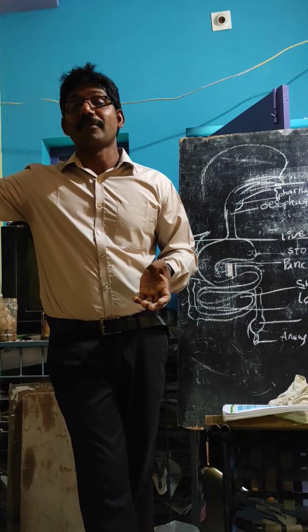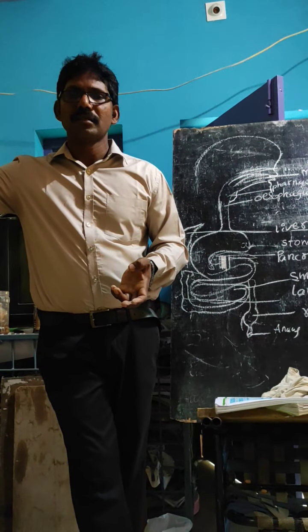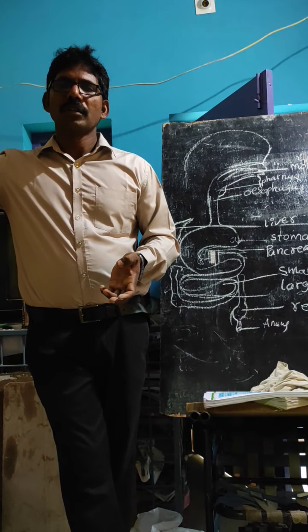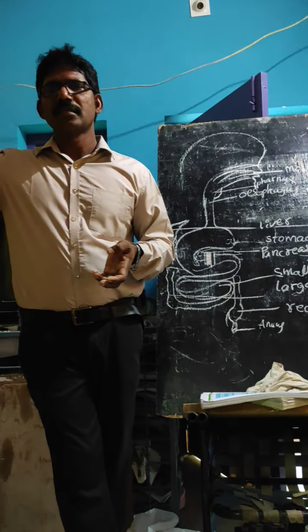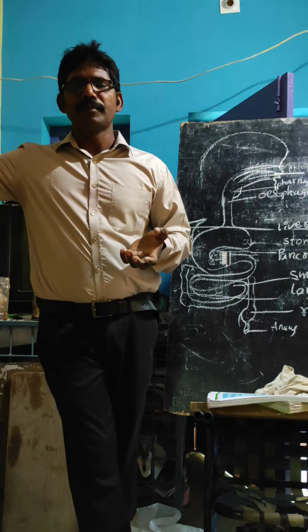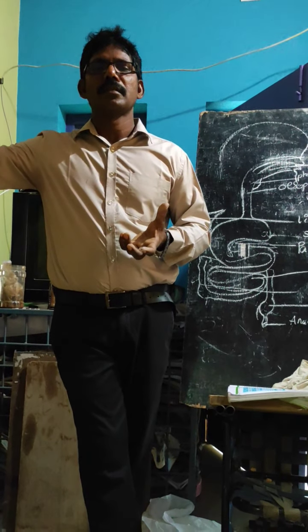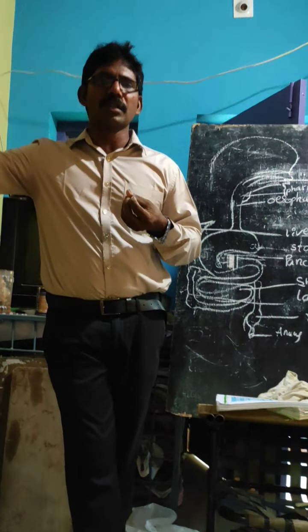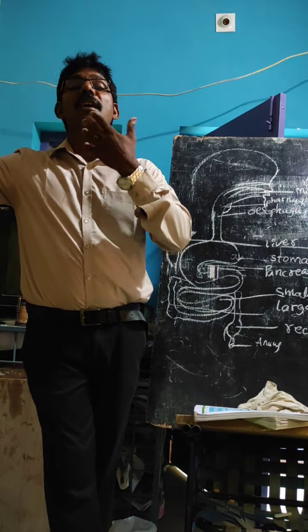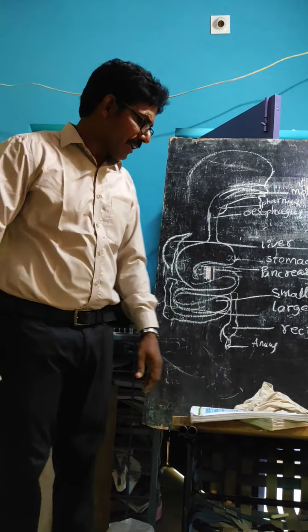The 3 pairs of salivary glands present in our mouth secrete saliva. It makes the food wet, soft and also slippery in nature.